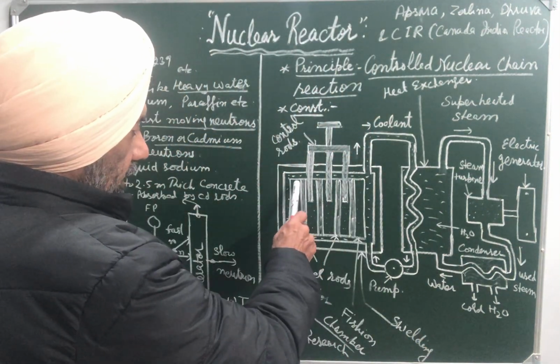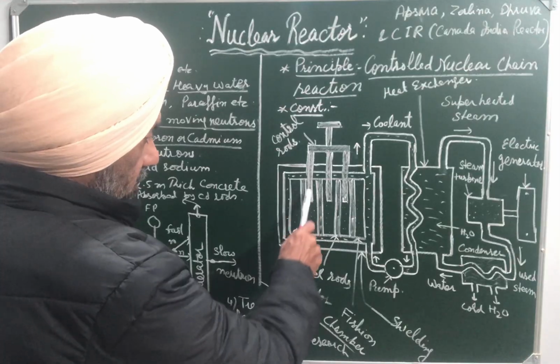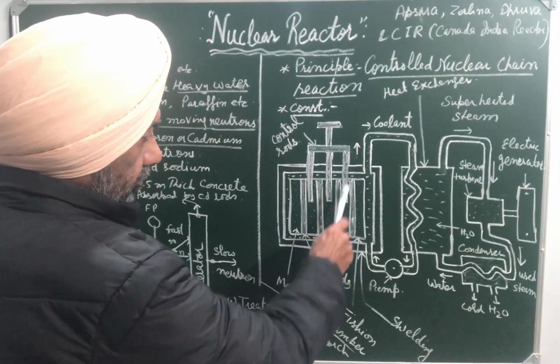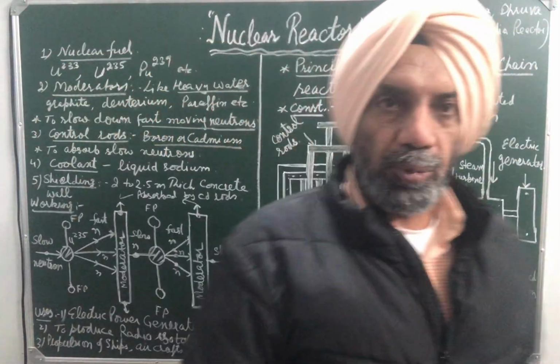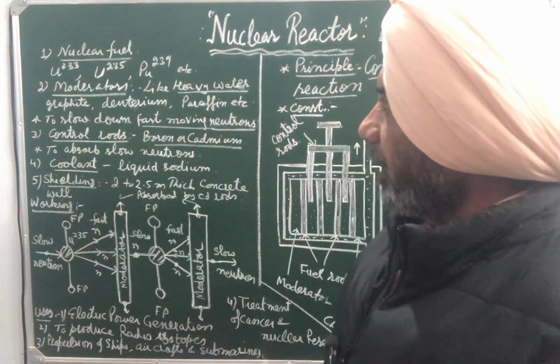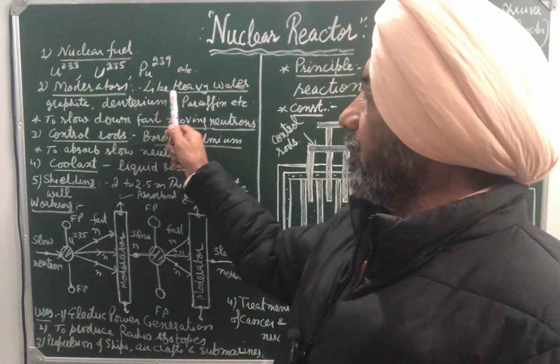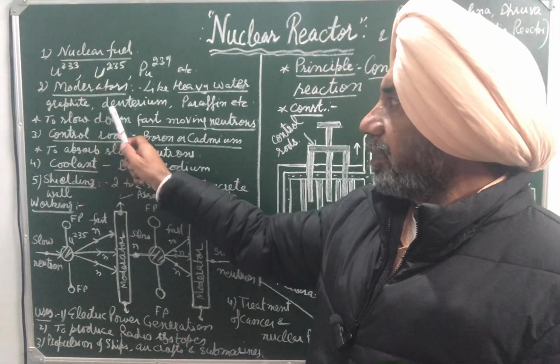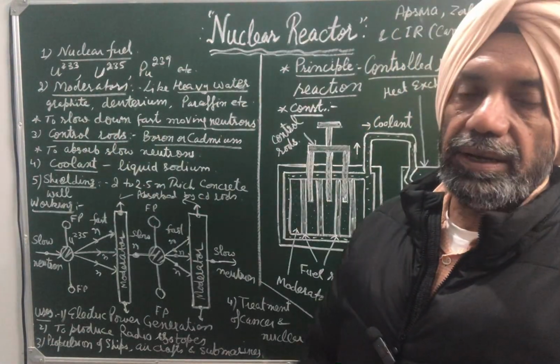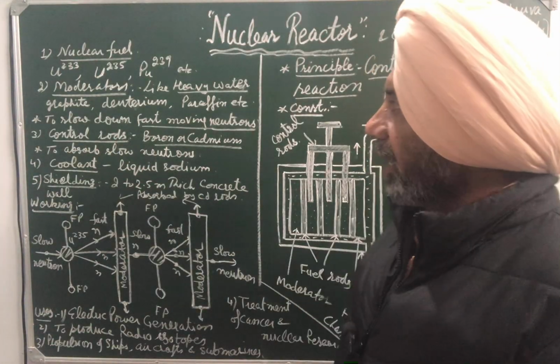Then there are moderators shown by these dots. These moderators are very important. They are usually heavy water, graphite, deuterium, paraffin, and so on.